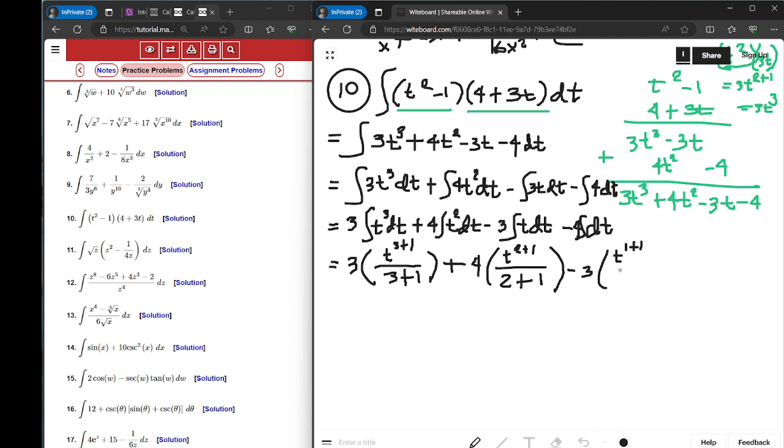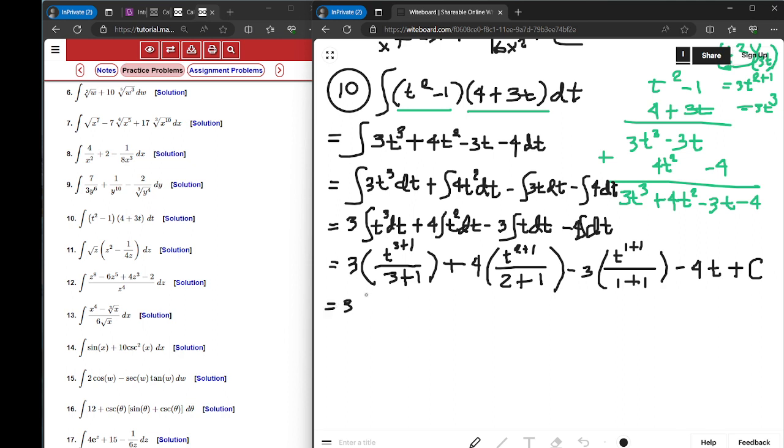Again, if a variable has no written exponent, it actually has an exponent of 1, so that's why it's 1 plus 1. Then minus 4t, since the integral of dt is t. And we should not forget c. We're solving indefinite integrals right now, so we must always place c.